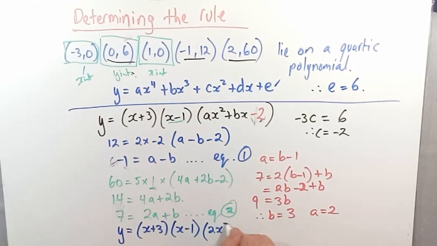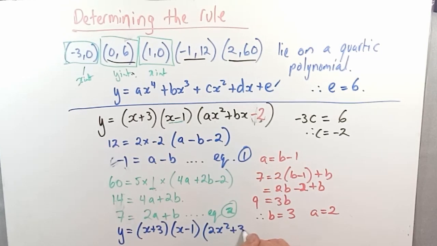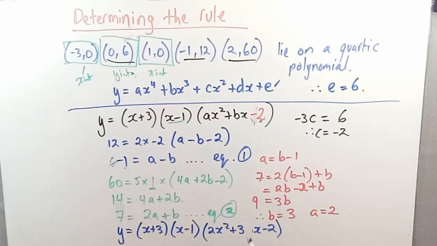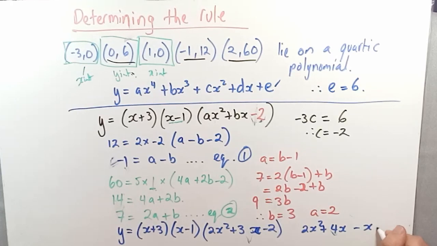I've got 2x squared plus 3x minus 2. Can I factorize that? Negative 4, so 4 minus 1. So I'll just do 2x squared plus 4x minus x minus 2.